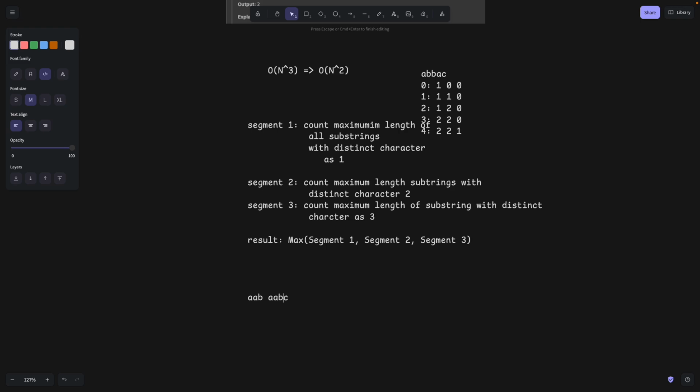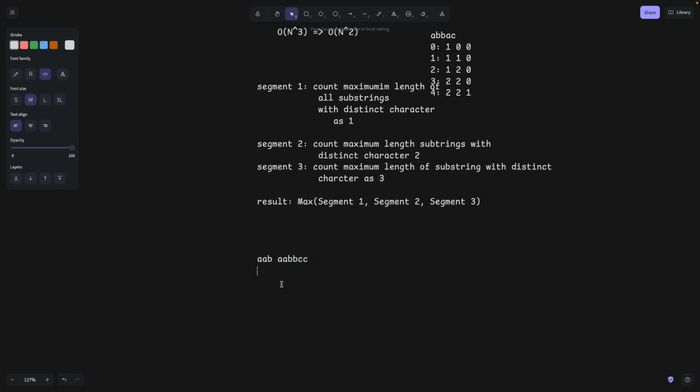Let's take a bit different example. The result here would be 6 itself, this part, right? Because each of the distinct characters has count 2, and the maximum length is 6 itself, right?